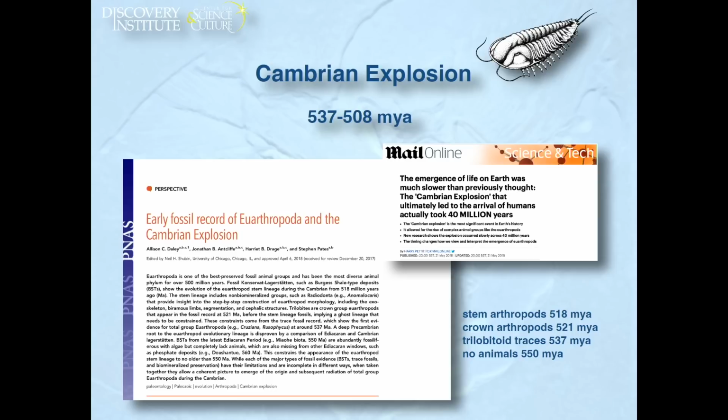This paper looked at the origin of arthropods. And they first looked, when do we find the oldest stem arthropods, the oldest assumed ancestor of arthropods? And they found this 518 million years ago, dated by radiometric dating. Okay, then they looked, when do we find the oldest, more modern arthropods, which have the full set of arthropod characters? And they found it 521 million years ago.